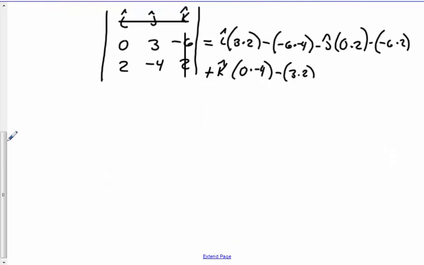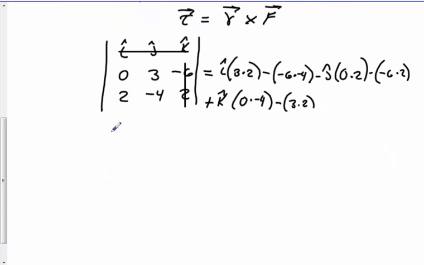All right, again, this is a vector quantity, so let's see what the torque would be in this case. I'm going to get 3 times 2, that's going to be 6, minus negative 6 times 4. So negative 6 times 4, that's 24. That gives me minus 24 there. 6 minus 24 gives me negative 18.